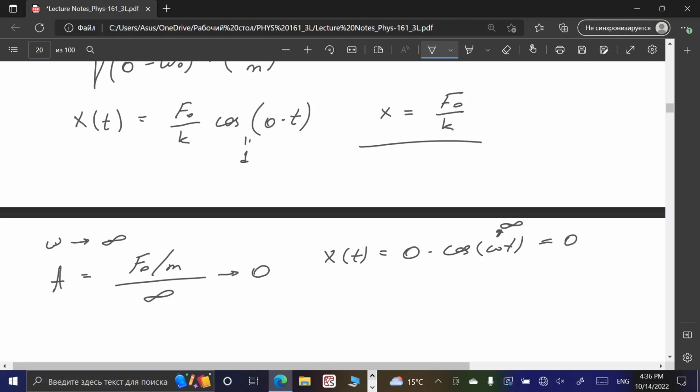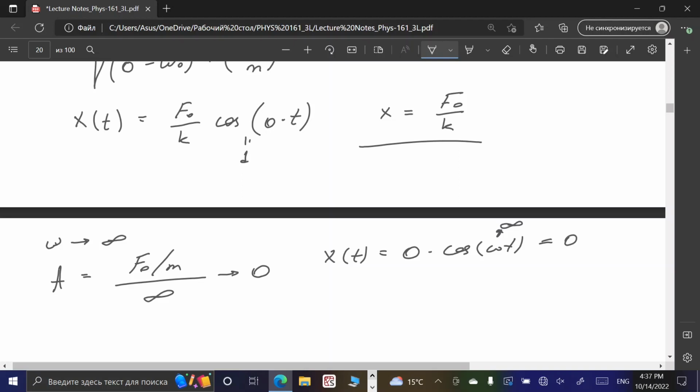So it will remain not oscillating, but moreover, it will even be at x equals 0, it will not be excited from equilibrium condition, as opposed to the previous case. When we apply constant force, we at least excite the system from equilibrium condition by displacement F naught divided by k. Here, no matter what force we apply, at extremely high frequency, the system will just remain peacefully in equilibrium condition and nothing will happen with it.